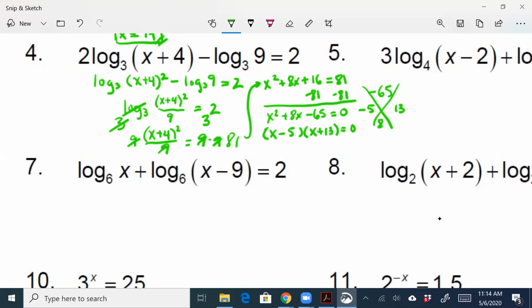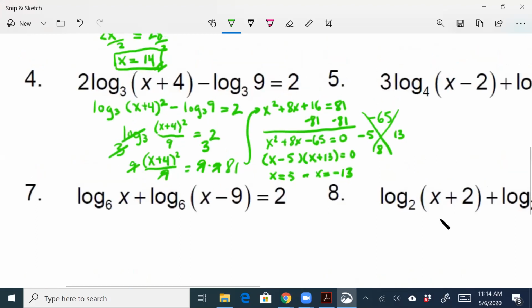And so we have two values that would make this true. x equals 5 or x equals negative 13. Now, one of the things that we need to watch for is that you can't have a negative in your logarithm.